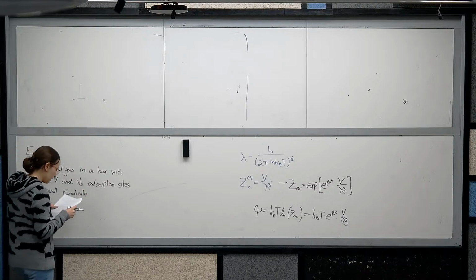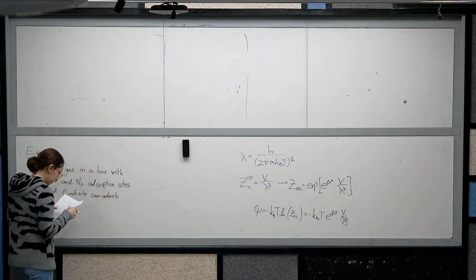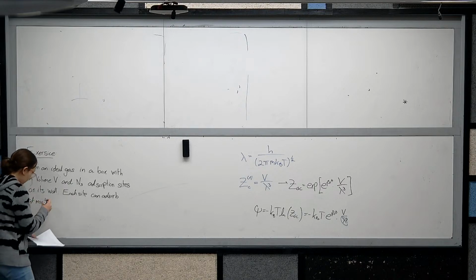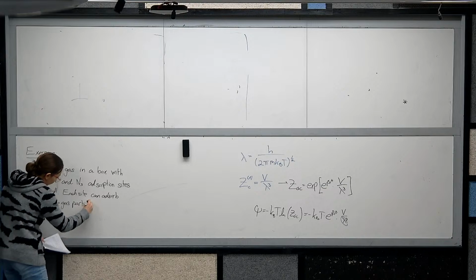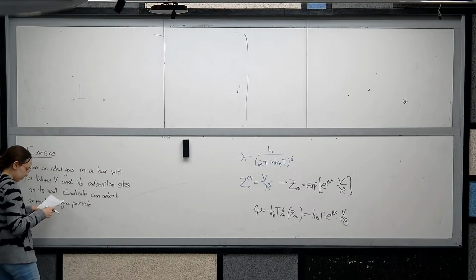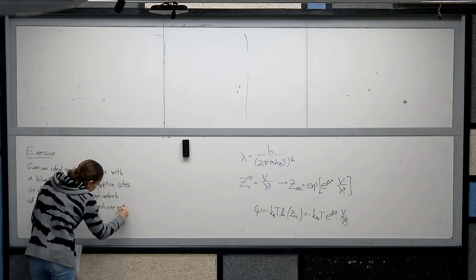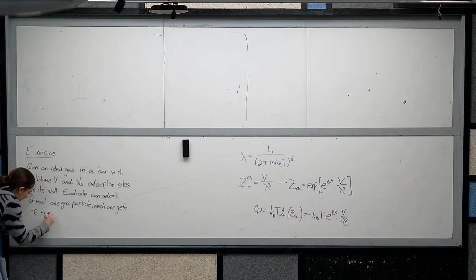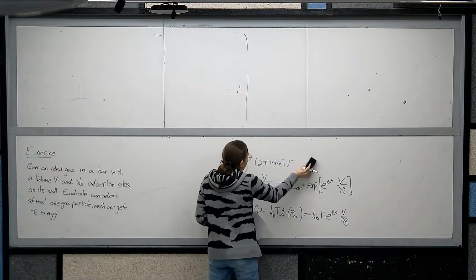Now each site can absorb at most one gas particle. Each absorbed particle gets minus epsilon energy. What else do we need to know?